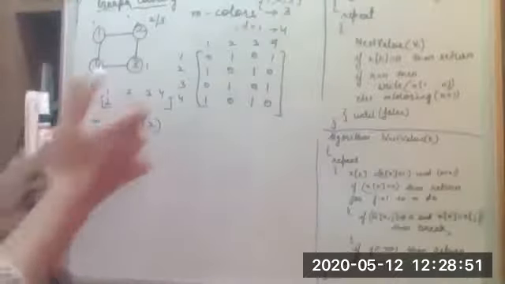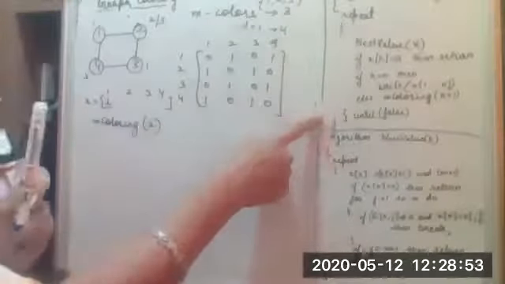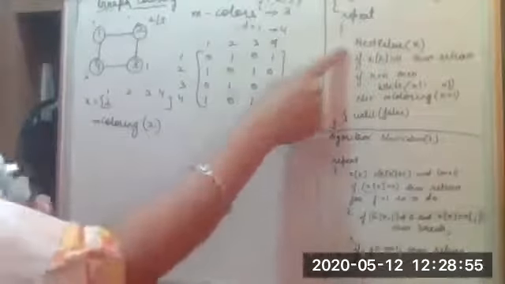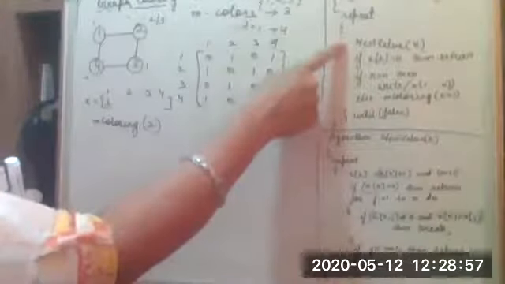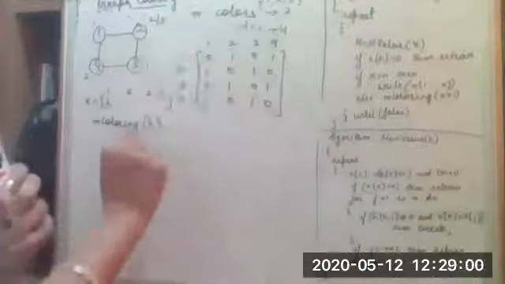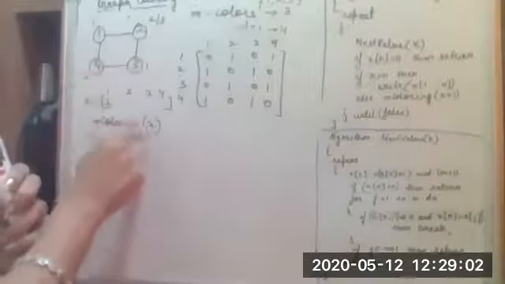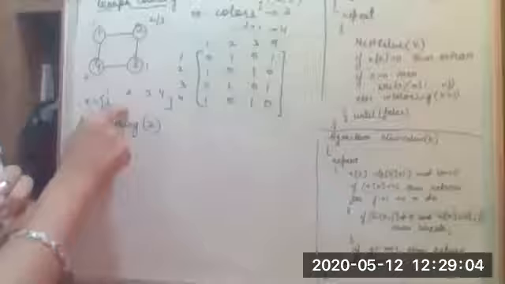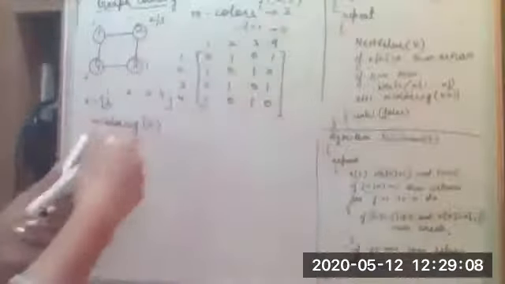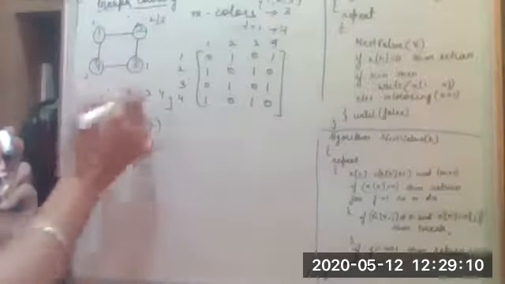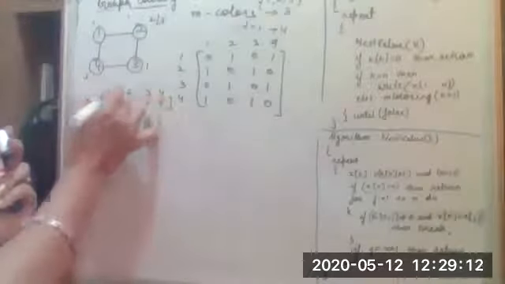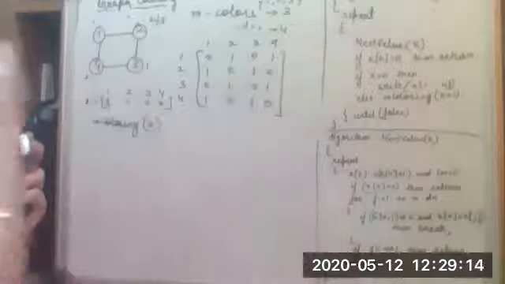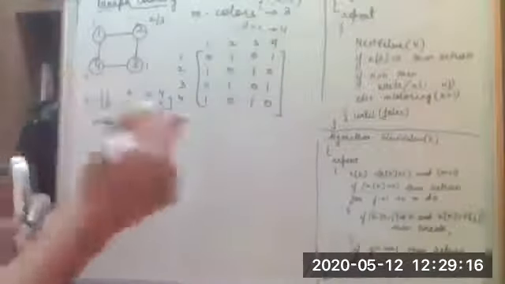Fine. So this part of the program is the same: next value for k is trying to assign the color or the value to the second index. Now, if it is not able to assign any value, these values are 0 initially, so if nothing is assigned, then it returns.